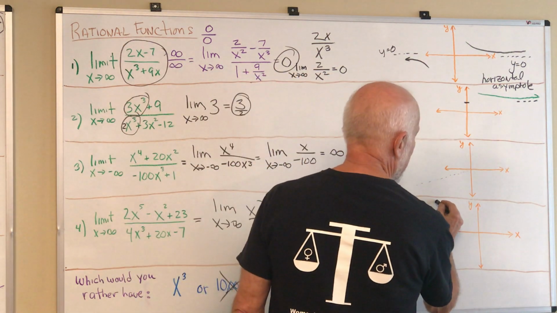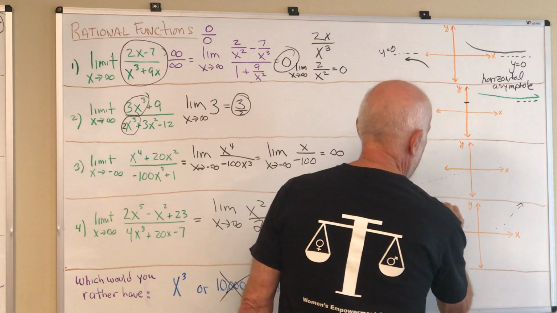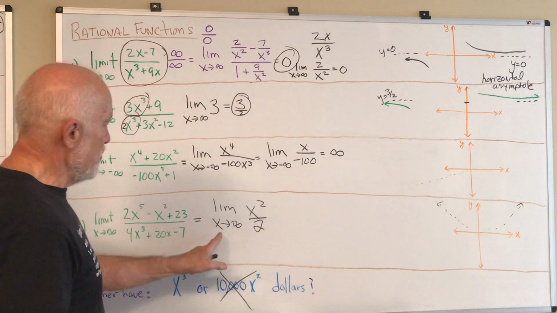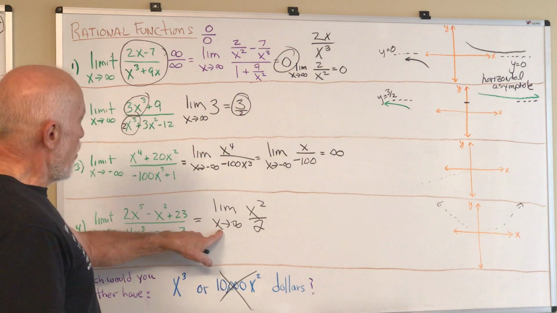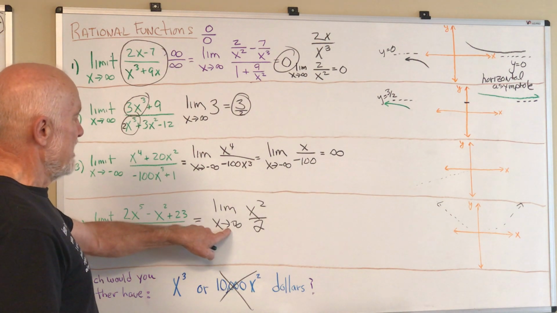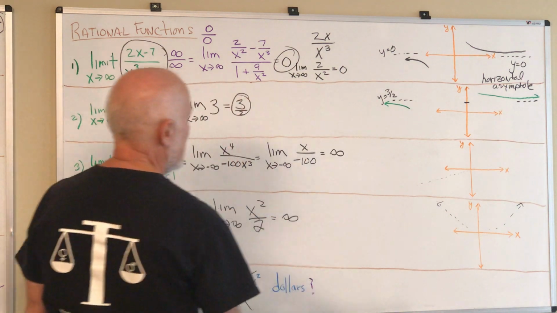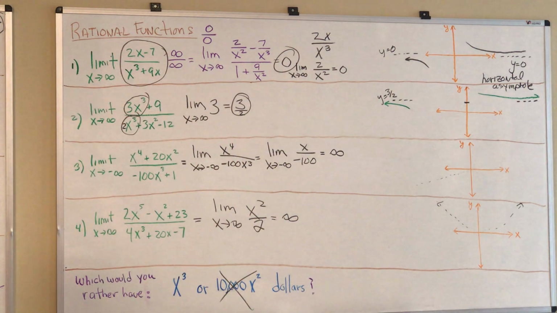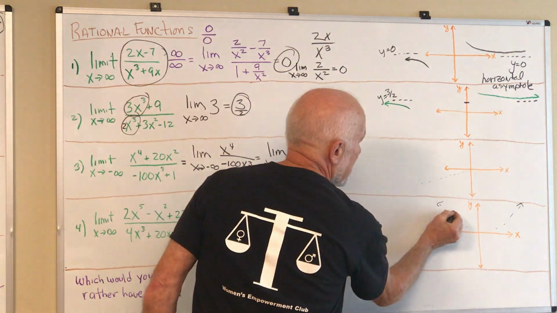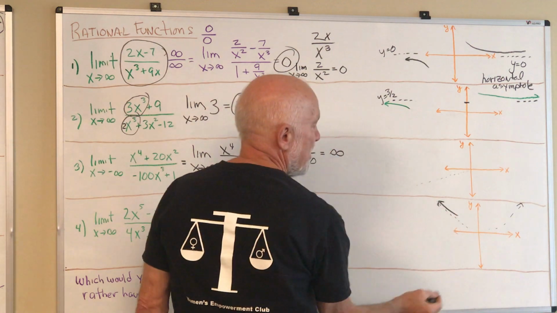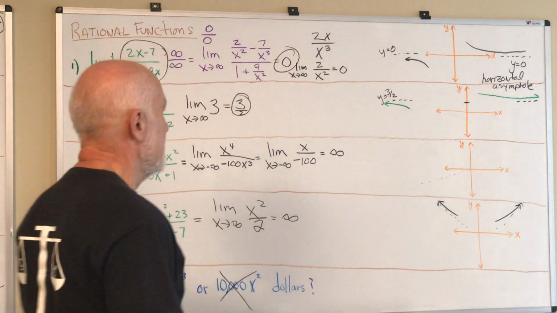We actually have a parabolic asymptote. And you can see whether x is approaching infinity or negative infinity, this is going to go to infinity. So somehow it's going to go up like this, or it's going to go up like that.